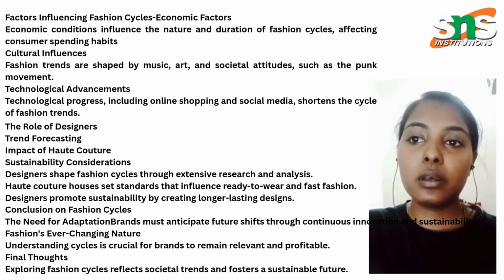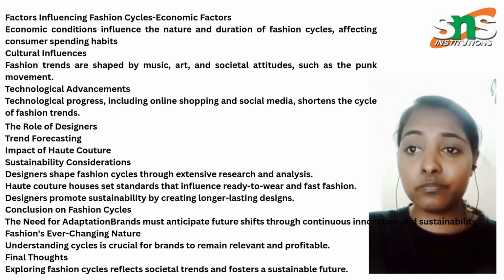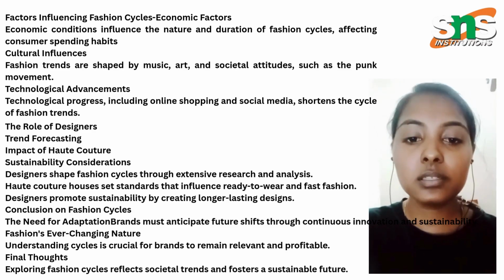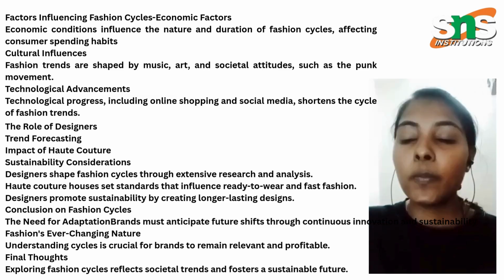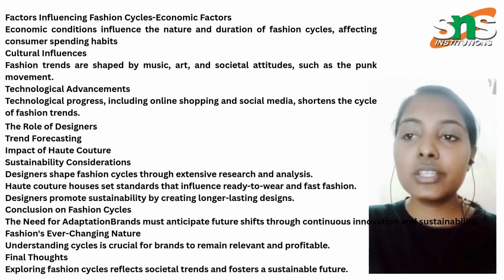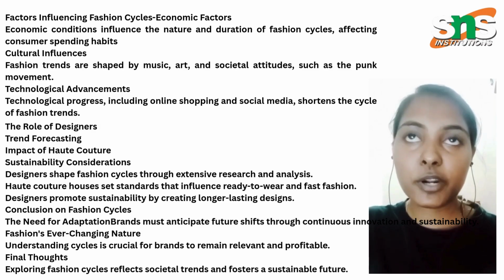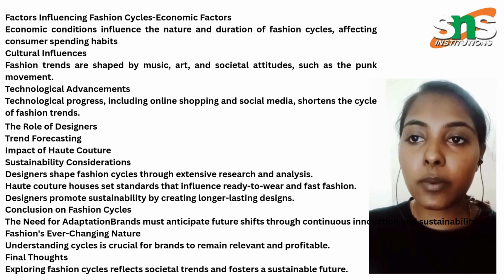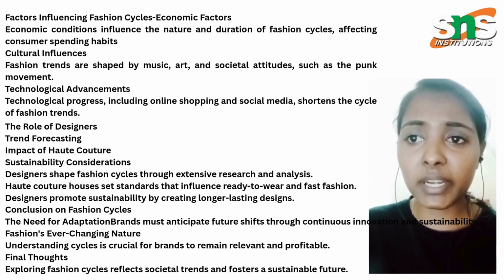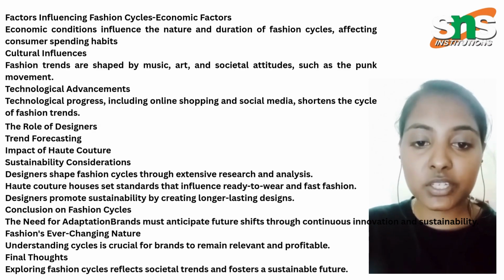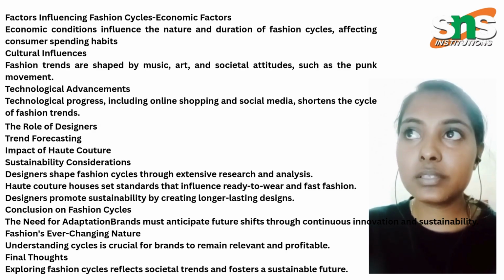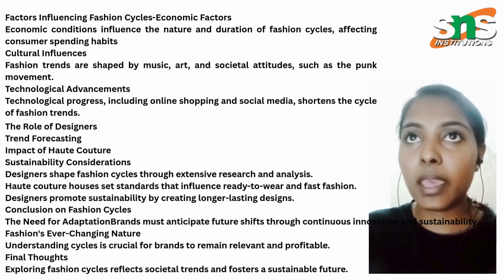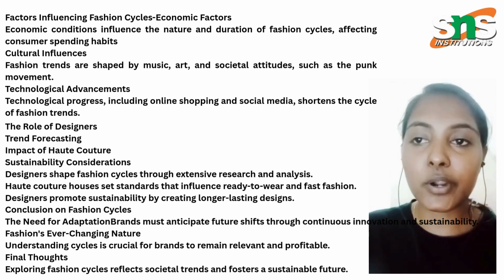And the next one is the Industrial Revolution, which happened in the 18th and 19th centuries. In these centuries, mass production of textile garments happened, as sewing machines were introduced. It made it easy to construct a garment, and it also increased production.